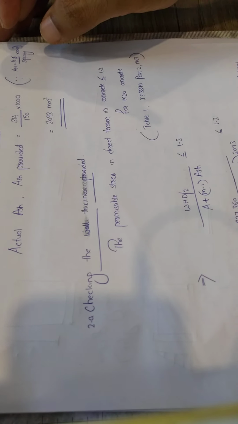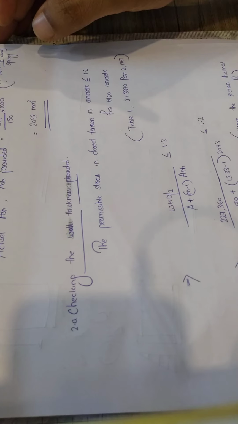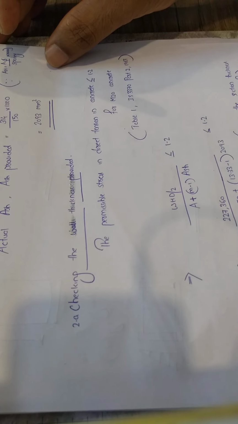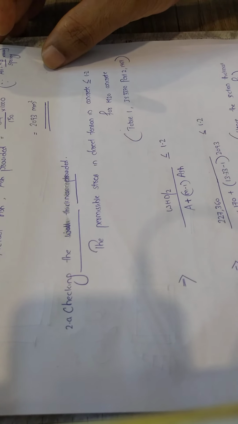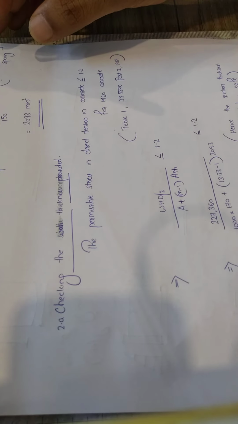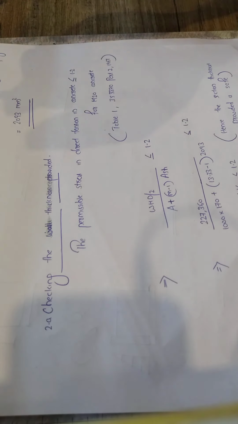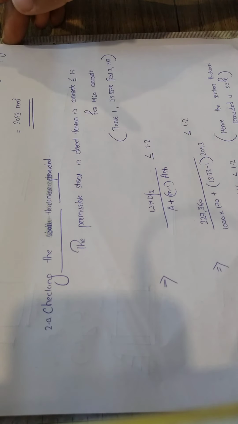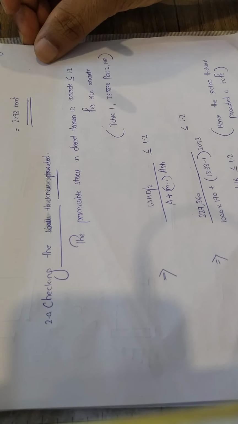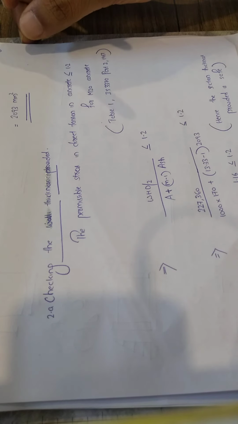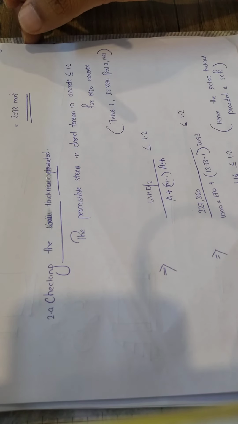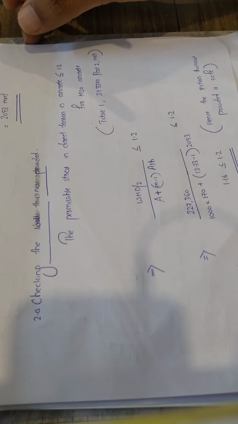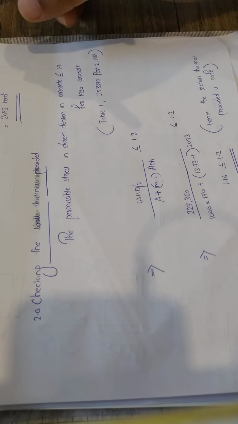That can be checked by checking the permissible stress in direct tension in concrete, whether the permissible stress in concrete is exceeded or not. If it is exceeded, then we have to redesign, because this is according to the no cracking condition, resistance to cracking condition, which is given in IS 3370 Part 2.